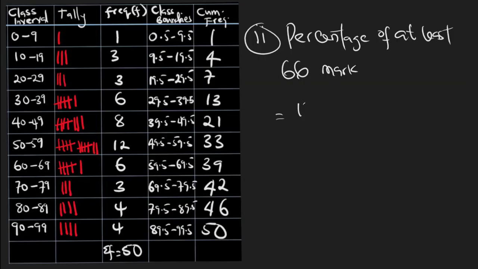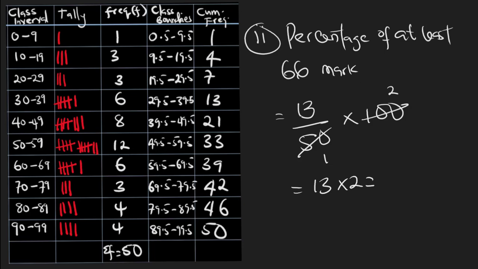So we're going to say 13 over the total number of students, which is 50, times 100, because we are expressing in percentage. 50 here is 1, 50 here is 2. So we're left with 13 times 2, which is 26. So 26% of the students scored at least 66. So that's all for the question.